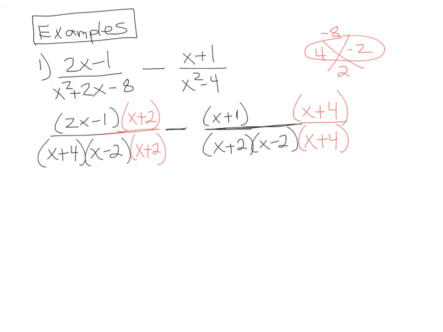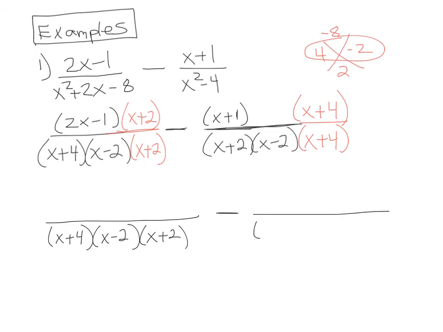Simplify the numerators. Just the numerators, okay? Don't touch the denominators. Just leave the denominators alone. So the denominator is going to stay x plus 4, x minus 2, x plus 2, minus, and this denominator is going to stay the same.